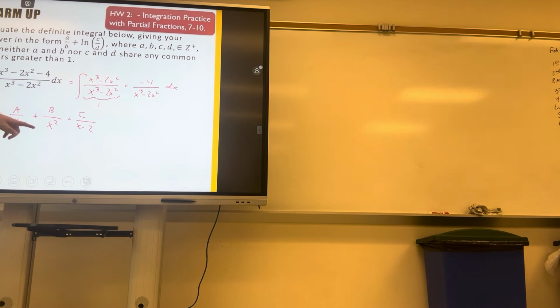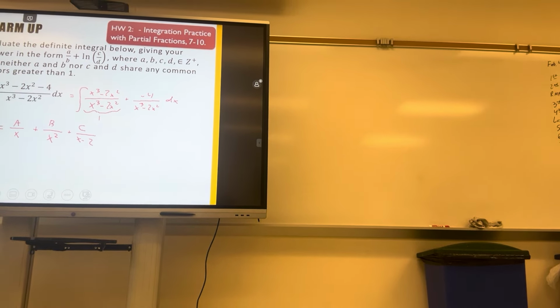So not like x squared, but something like x squared plus 1, which doesn't have any real roots. There's no way to break x squared plus 1 into 2 linear factors where you have real roots, okay? So in that case, you're going to switch from constant numerator to linear numerator. But in these, all these are constants.